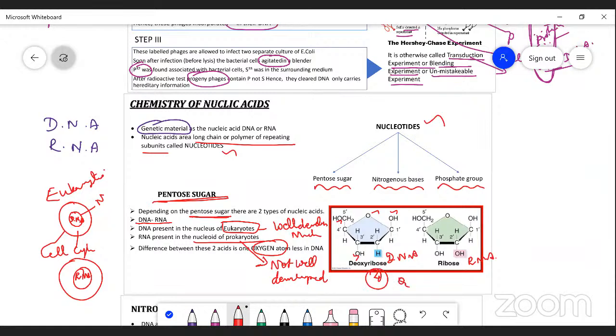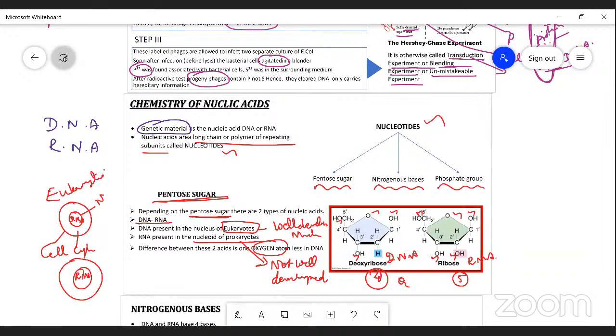In the ribose sugar, how many oxygen atoms? 1, 2, 3, 4, 5. So 5. So the only difference between the two acids is that one oxygen atom is less in the DNA than the RNA. So this is about the chemistry of the nucleic acid.